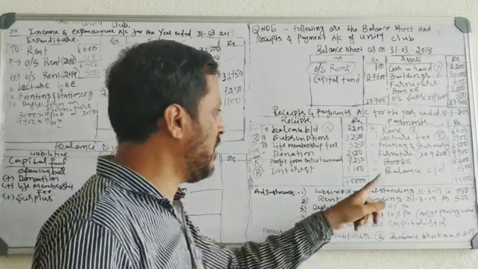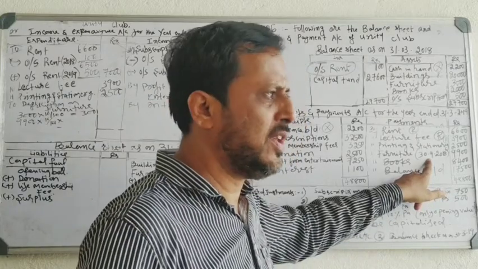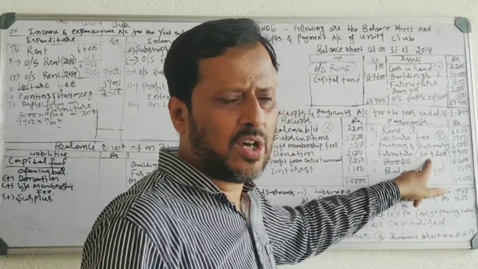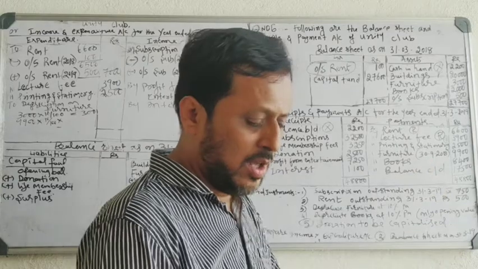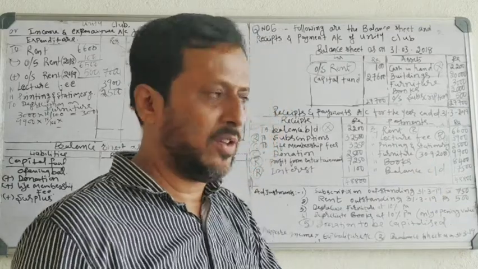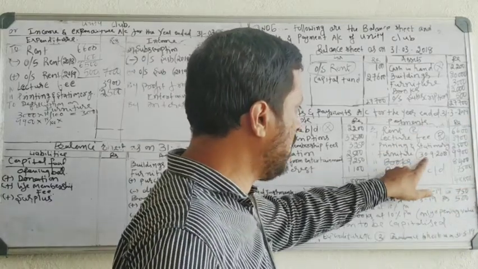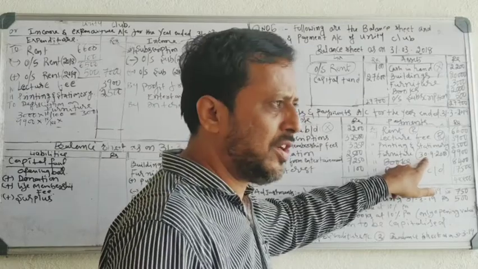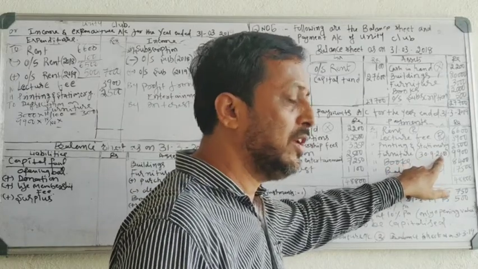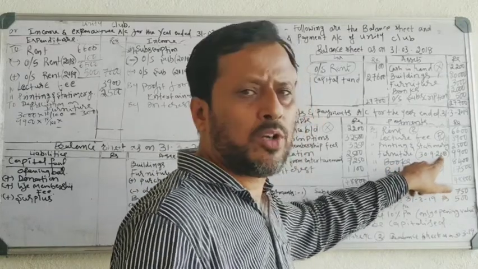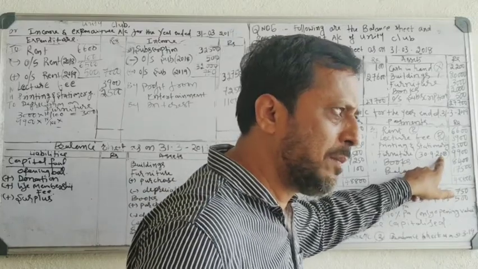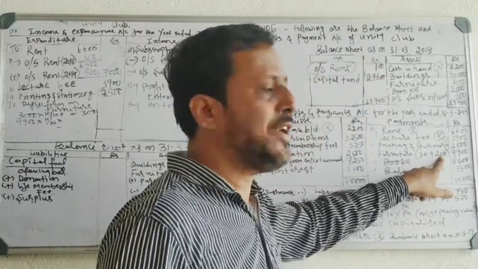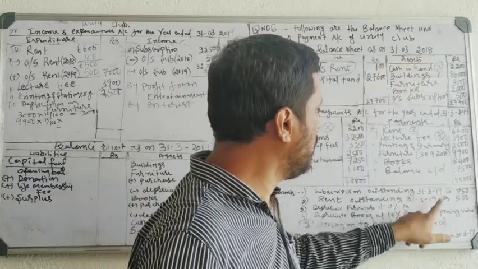See, furniture is purchased on 30th 9 2018. It is used in the organization from 1st October. October, November, December. Next, it is brought to the business on 30th 9 2018. So it is used from 1st October 2018. Calculate the depreciation from 1st October 2018 to 31st March 2019.